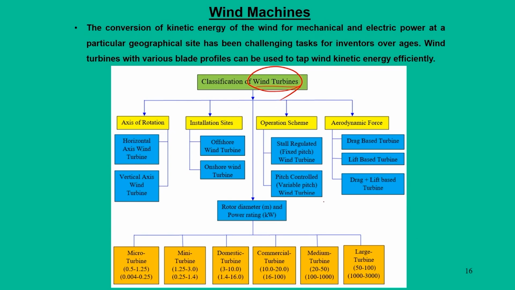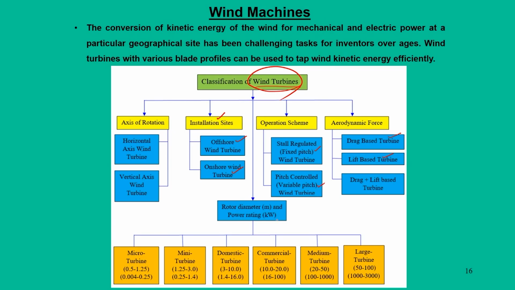Based on aerodynamic force, one is called drag based turbines, another is lift based turbines, and the other is the combined type. From a commercial point of view, we have the installation site: you can have offshore or onshore turbines, that means some turbines can be put close to the sea, others far away from the sea. Operation scheme can be a fixed pitch control type or a variable pitch control type.